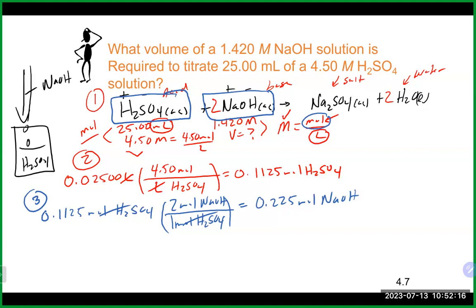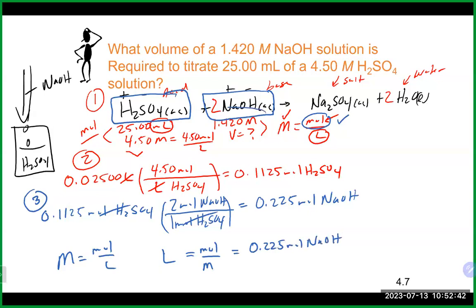Now, in this particular case, step number 4, we are not going to use molar mass because we're not interested in grams, but we are interested in volume. Now that we have the moles of sodium hydroxide, we can use the molarity equation here to figure out the volume. And that means that the liters would equal the moles divided by the molarity. So doing that, we got 0.225 moles of sodium hydroxide.